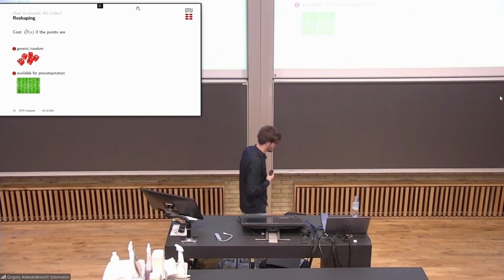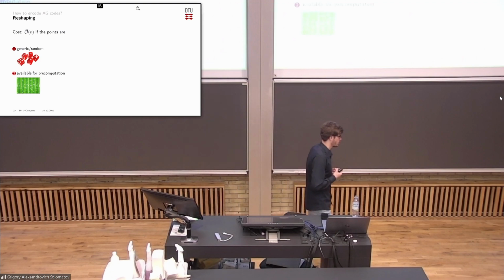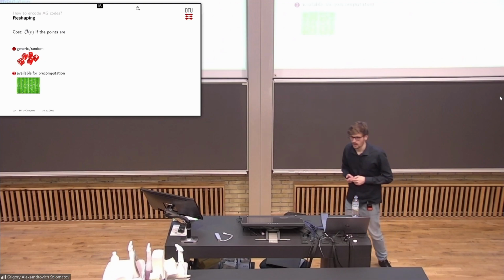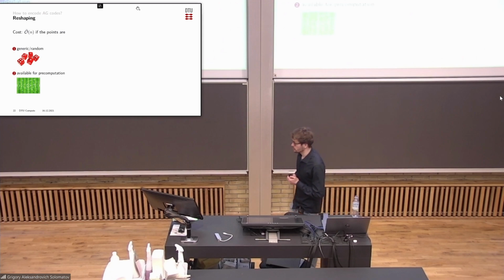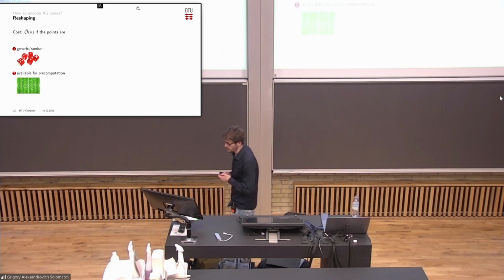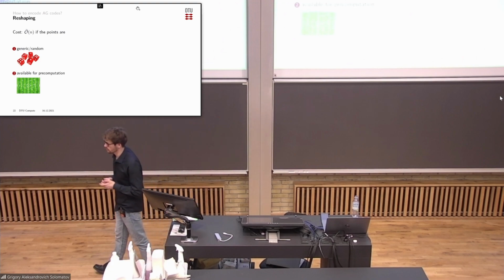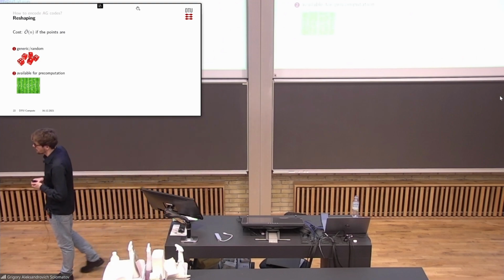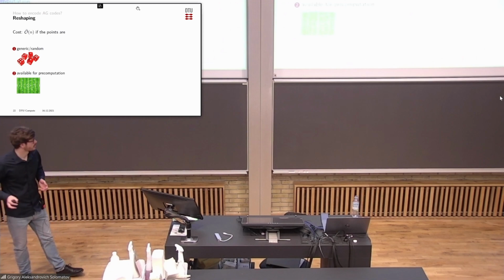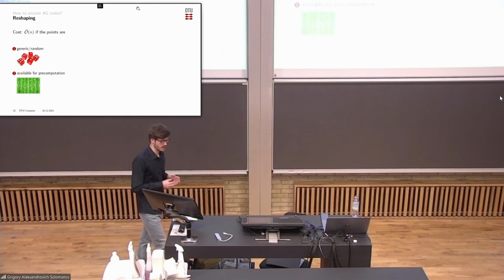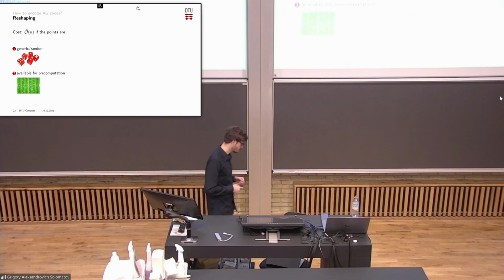And the second point to consider is that we actually need to compute these blue polynomials somehow, the reshaping polynomials. And the issue here is that we do not know how to compute them fast. We can compute them somewhat fast using linear algebra, for example, or slightly more sophisticated methods, but we are nowhere near being able to compute them in the target speed that we're aiming for, which is essentially optimal.